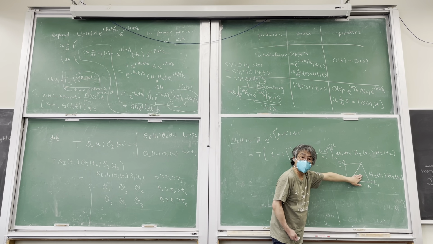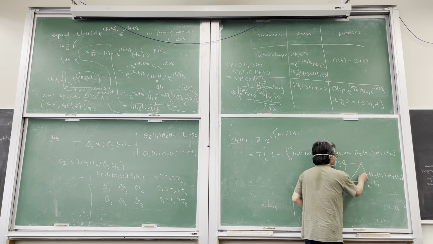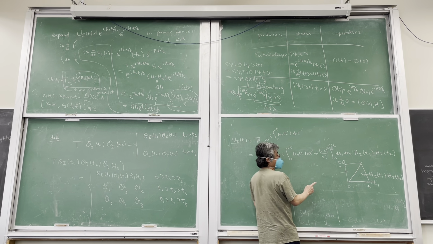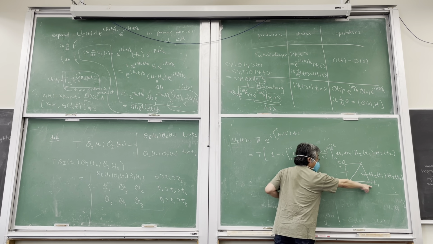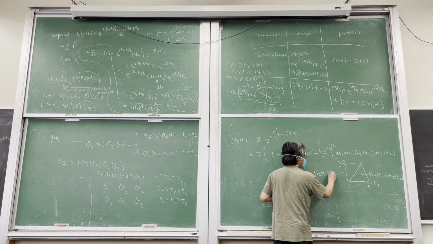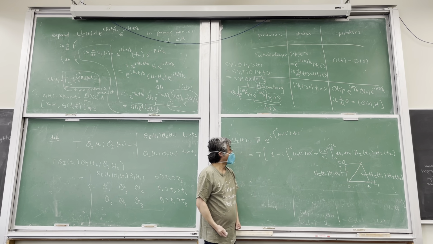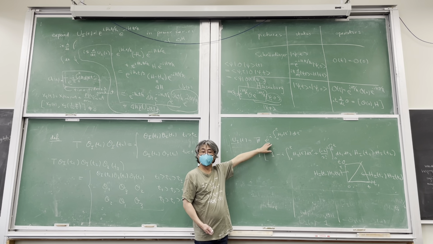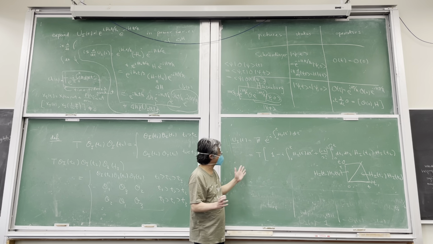When you are in this integration region for the lower triangle, these 2 operators should be ordered this way. But if you're on this upper triangle, t2 is bigger than t1. That means I have to order these operators this way. So that's the meaning of this capital T in front of this exponential. So nothing is unusual here.